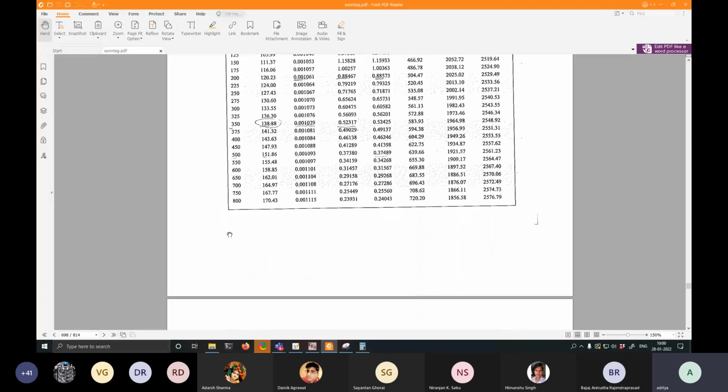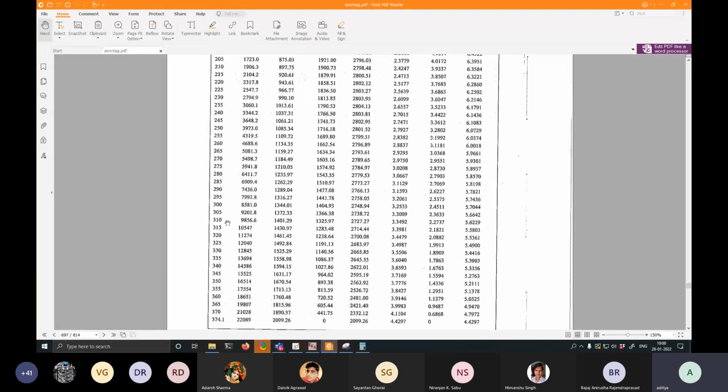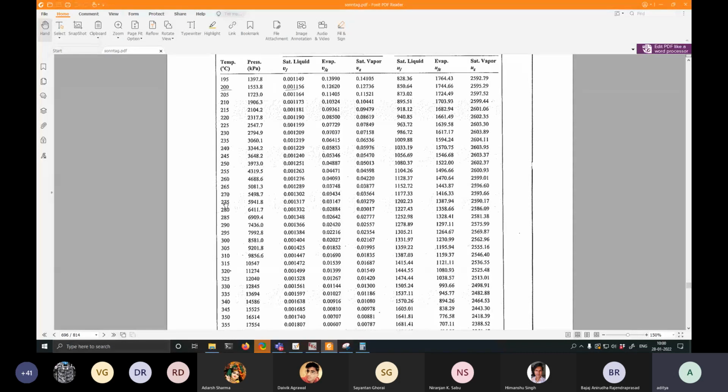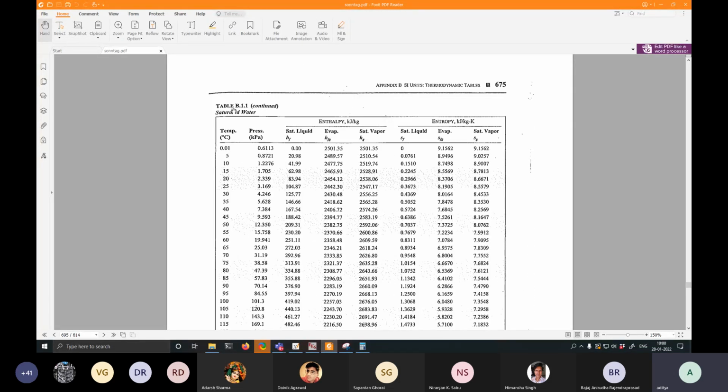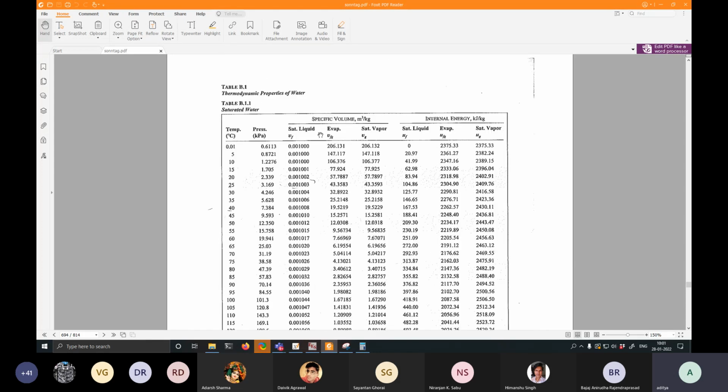Temperature entry, because it's 25. It's a good number for temperature to be at. So I will go to saturated water, 25 degrees Celsius. Where is it? It's over here, but this is the enthalpy entropy page. Specific volume, 25 degrees Celsius. There we have it.